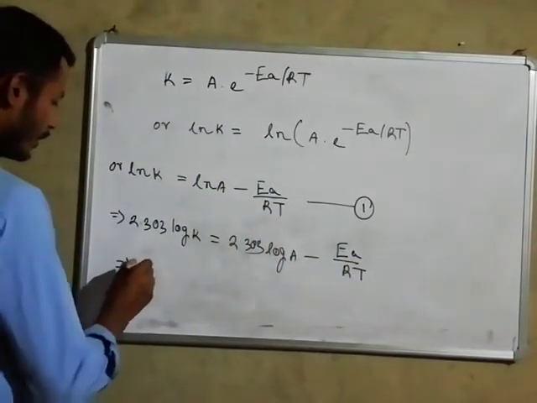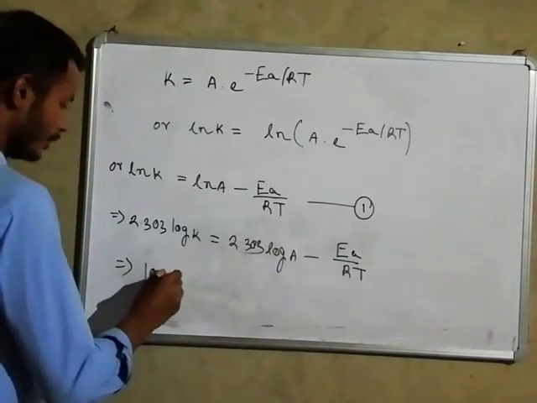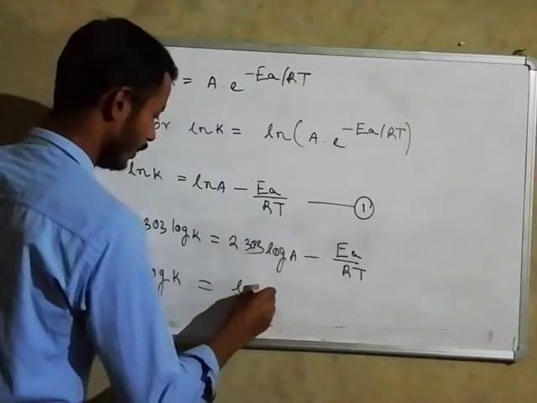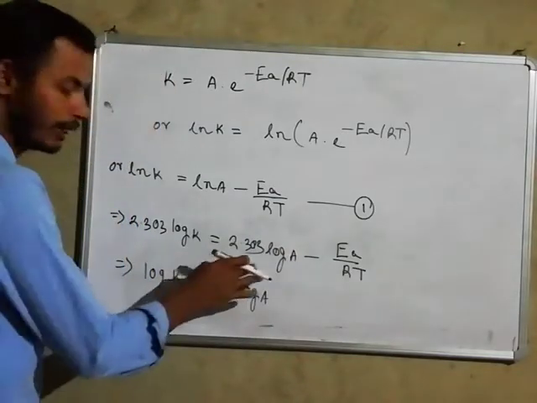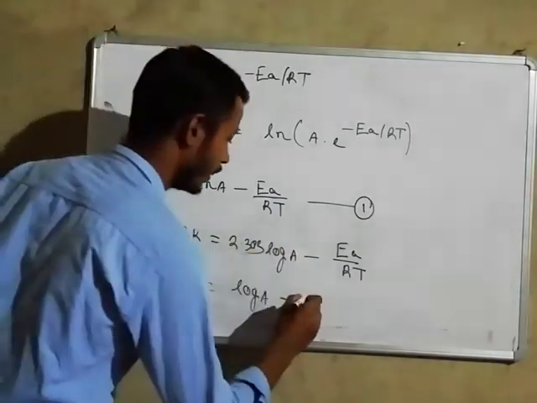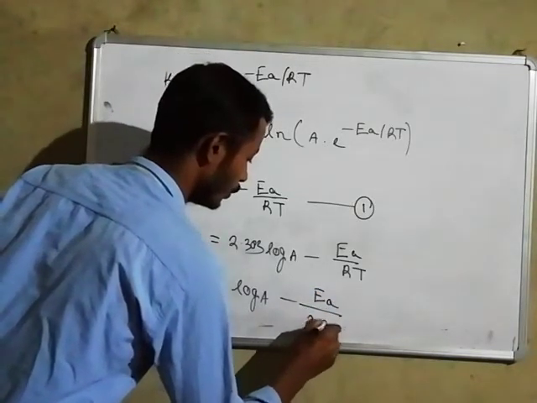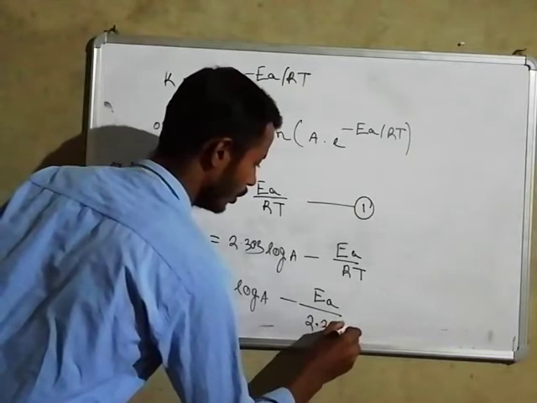That is, you can write log of K is equal to log of A minus EA divided by 2.303 RT.